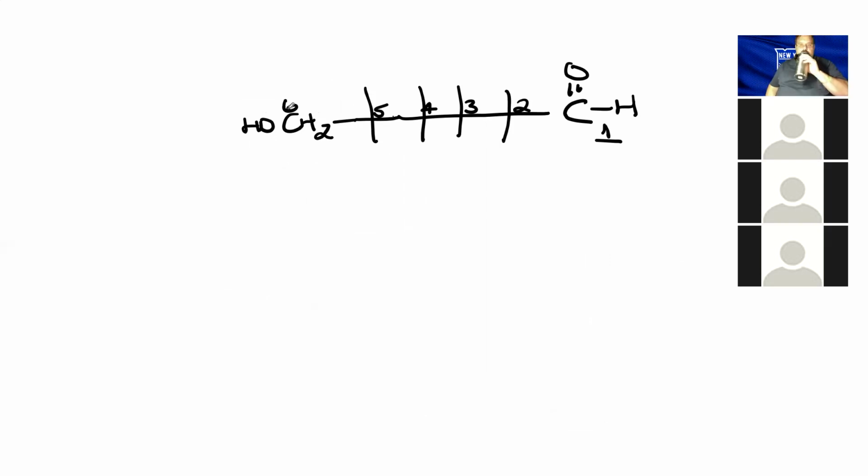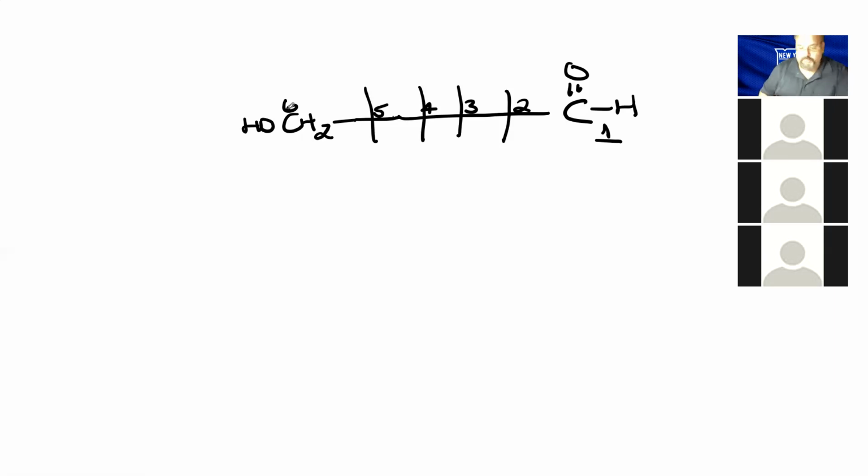I'm not really concerned about carbons 1 and 6 because they're not chiral. I'm really concerned about carbons 2, 3, 4, and 5 because they are chiral.